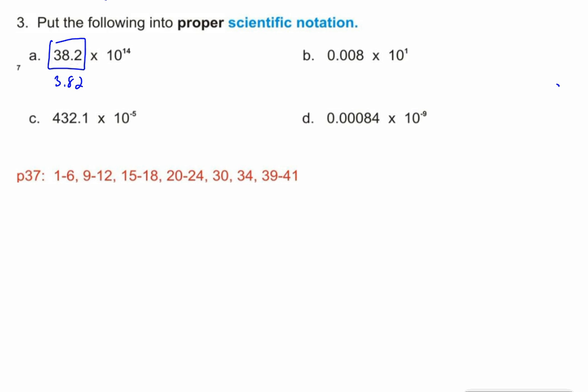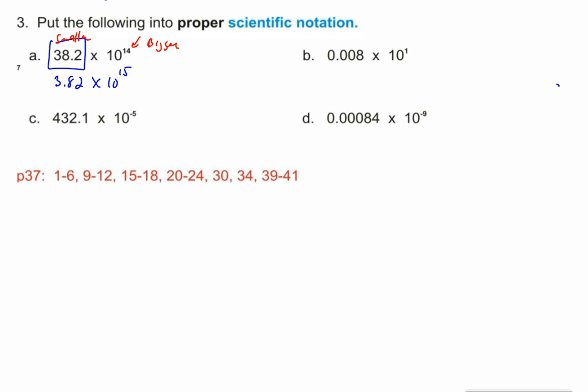Did my front number get smaller or bigger? Smaller. If this got smaller, you have to make this bigger. So therefore, it's going to be times 10 to the 15th. If I make it 1 smaller, I make the exponent 1 bigger.